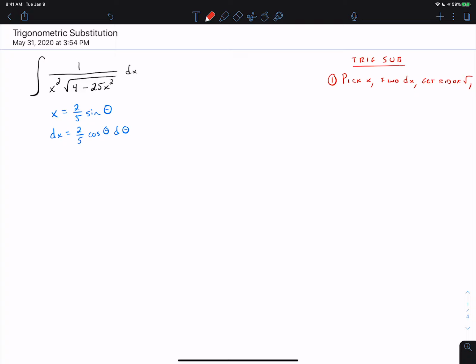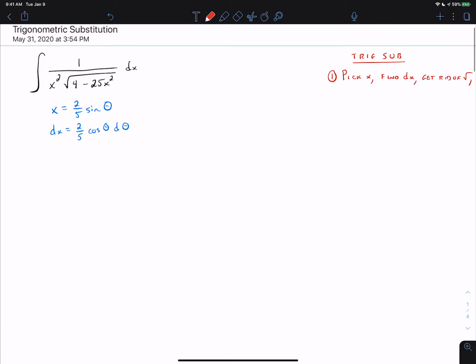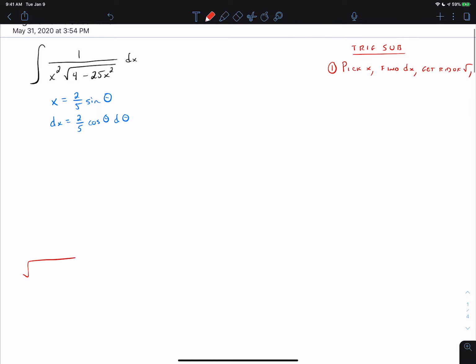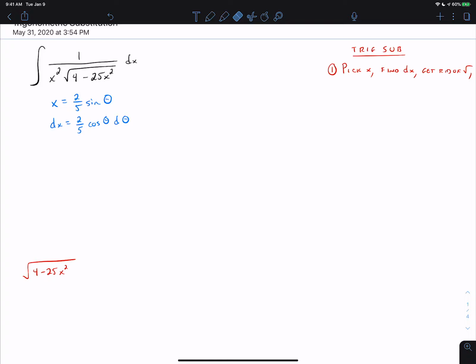We're going to do the work for the square root on the bottom left of the screen. Just looking at the square root, we've got the square root of 4 minus 25x squared. That's equal to the square root of 4 minus 25 times 2/5 sine theta, squared.